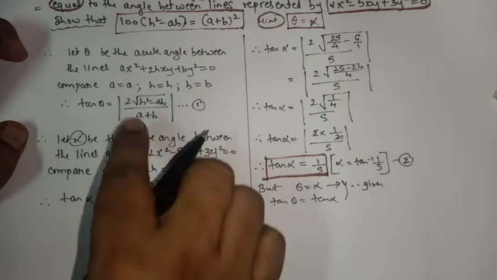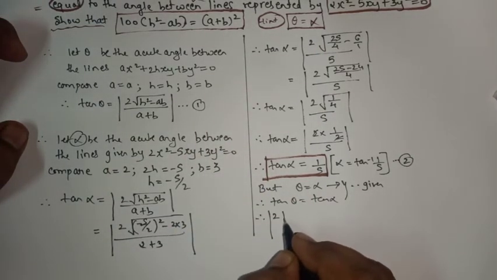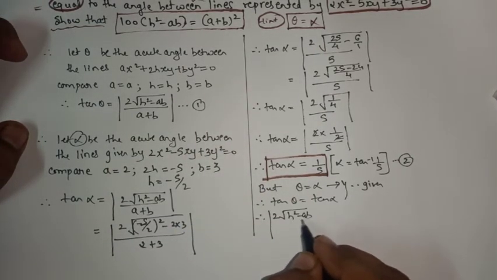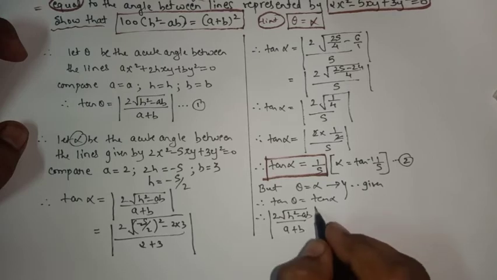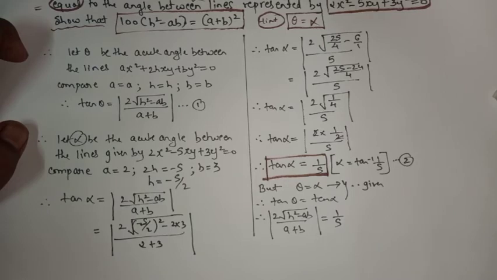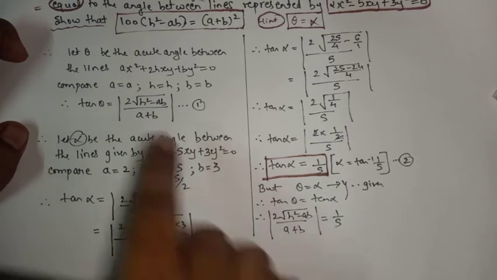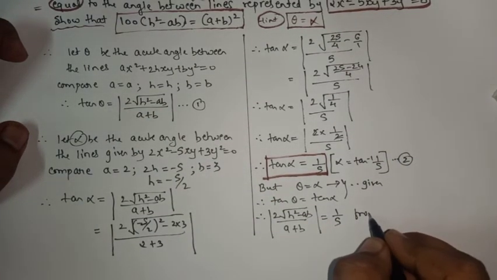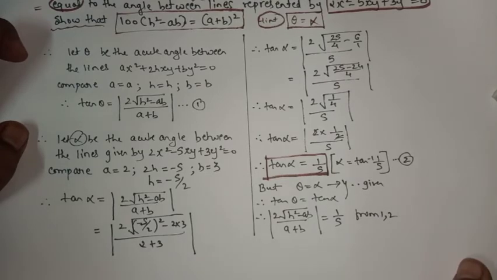So for tan theta, here we have 2 root of h square minus ab upon a plus b, and for tan alpha it is 1 upon 5. This condition we got from 1 and 2.